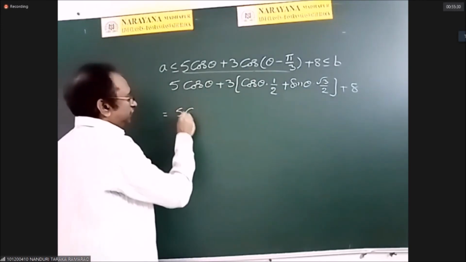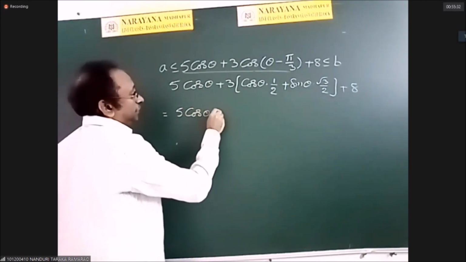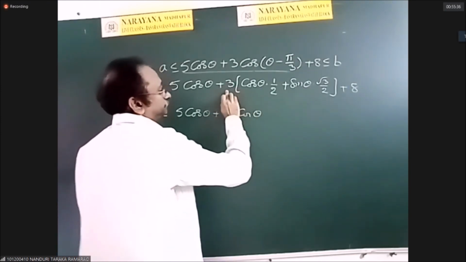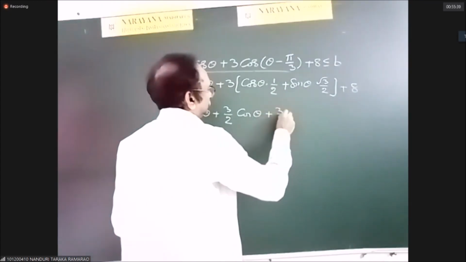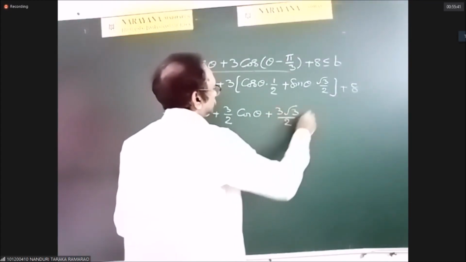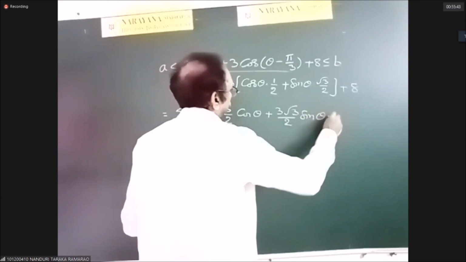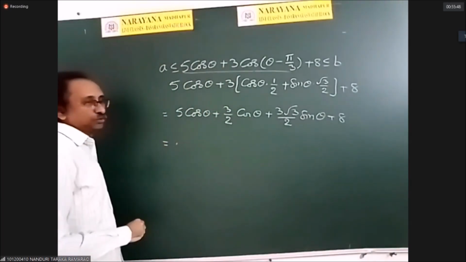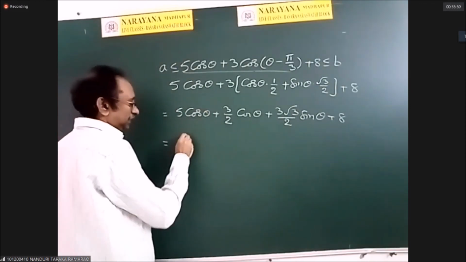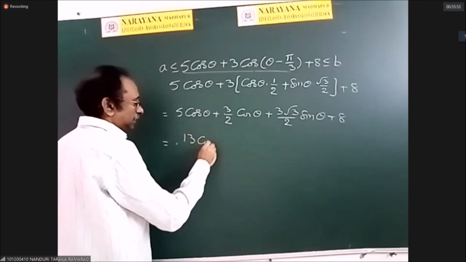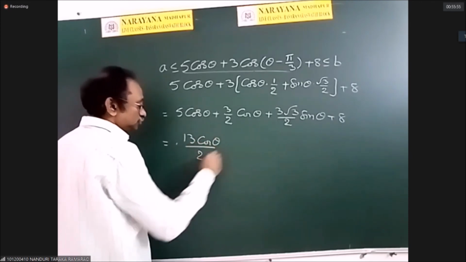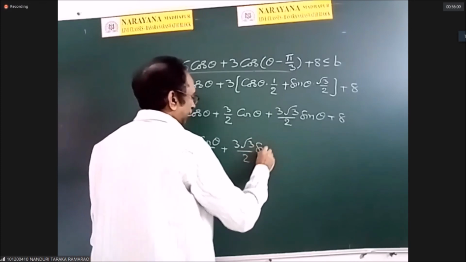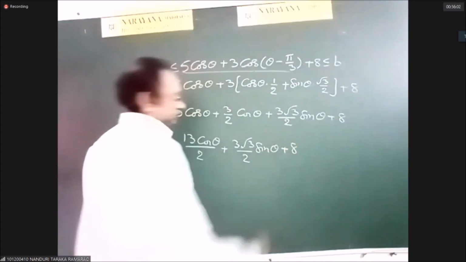So this is 5 cos theta plus 3 by 2 cos theta plus 3 root 3 by 2 sin theta plus 8. Taking LCM, 10 plus 3, this is 13 cos theta by 2 plus 3 root 3 by 2 sin theta plus 8.